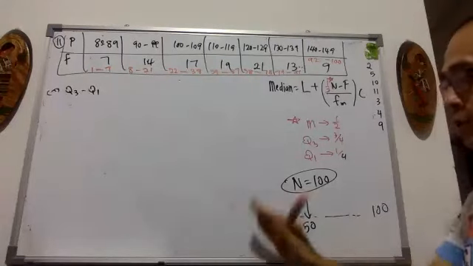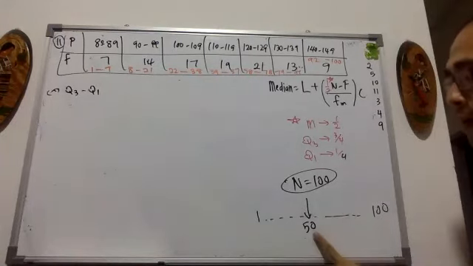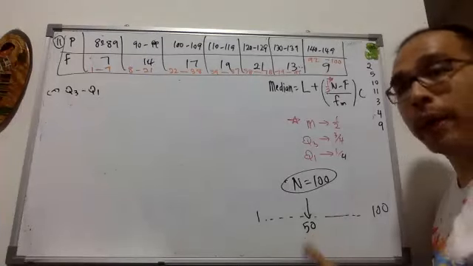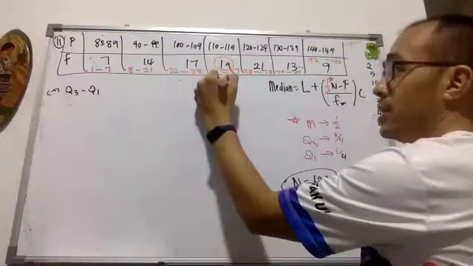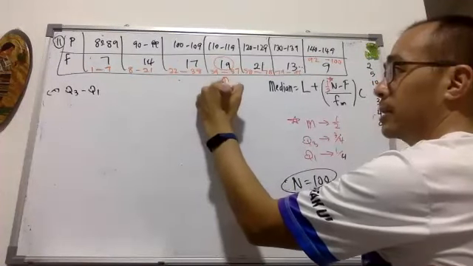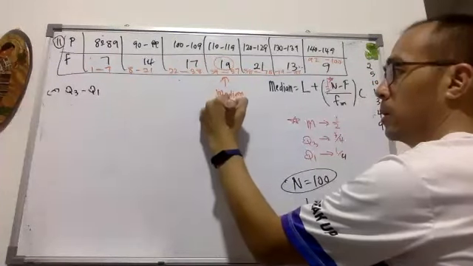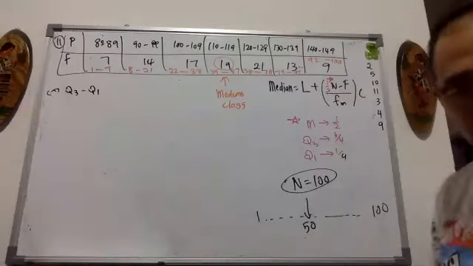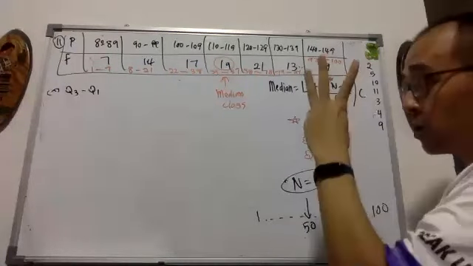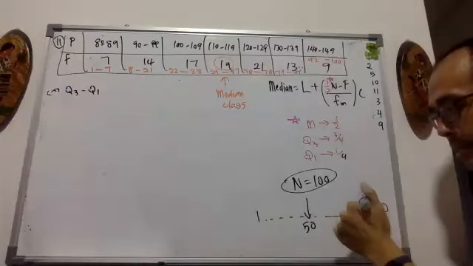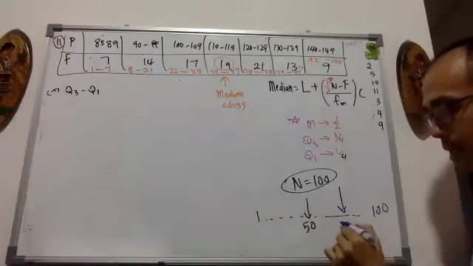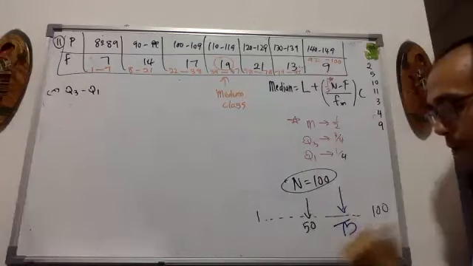Once we arrange it, we can identify where the 50th person is. The 50th person is in this group, so this is the median class. Then we identify the third quartile class. The third quartile is between the median and the last, so between 50 and 100, the middle is 75.